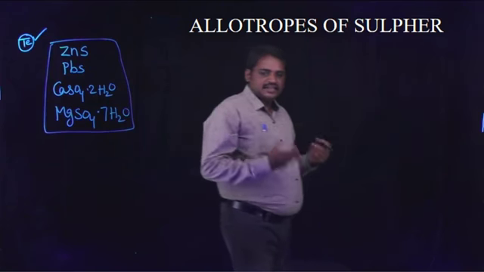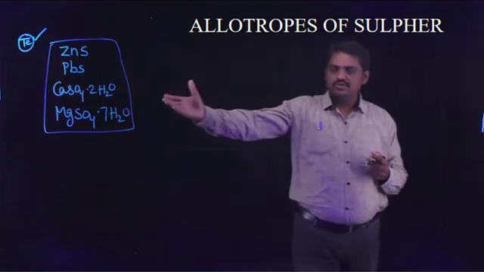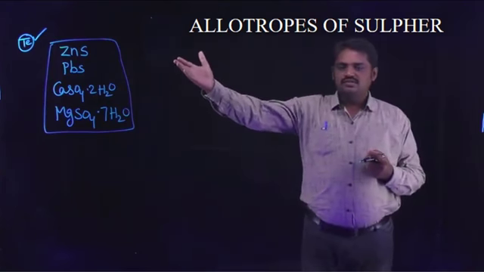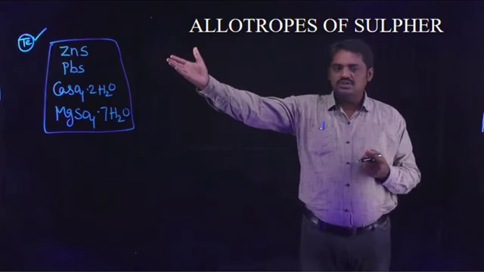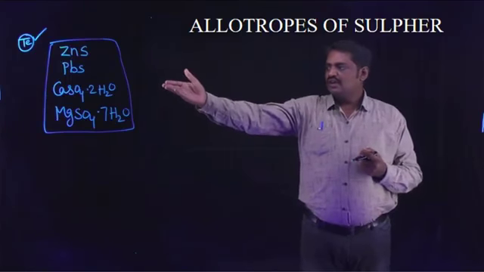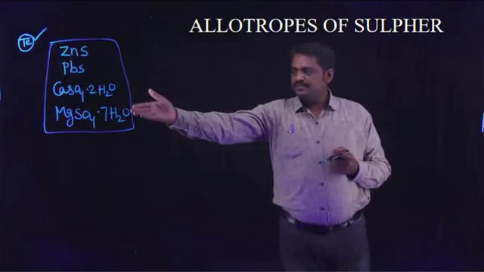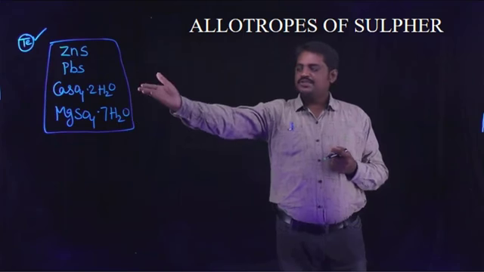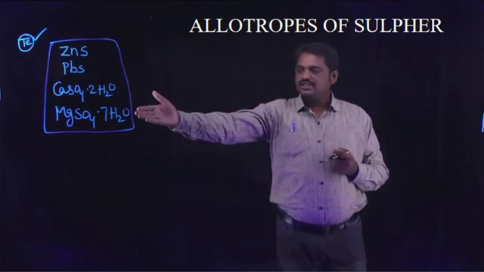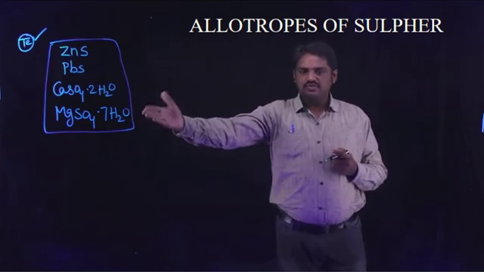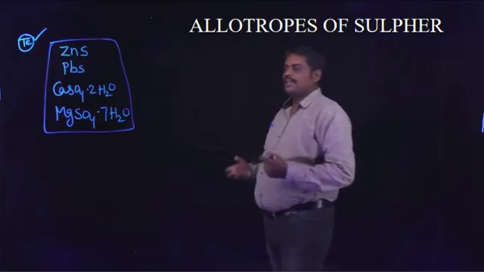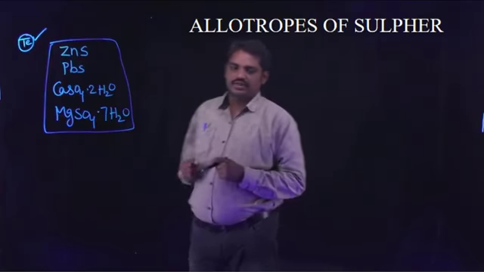Sulfur is extracted from compounds like zinc sulfide and lead sulfide. These two compounds are concentrated to produce sulfur. And next, gypsum and epsom. Gypsum means CaSO4·2H2O and epsom means MgSO4·7H2O. These two compounds are also main sources of sulfur.